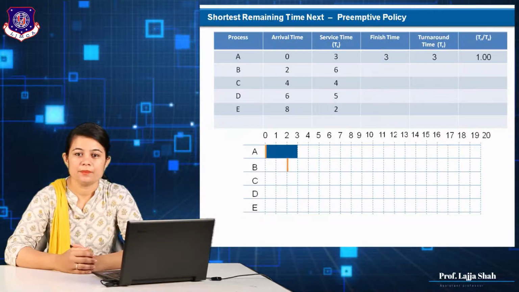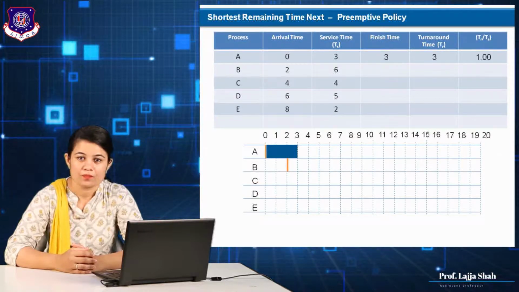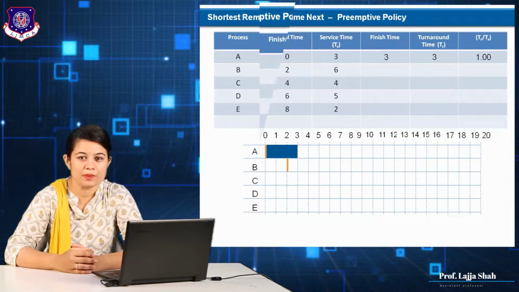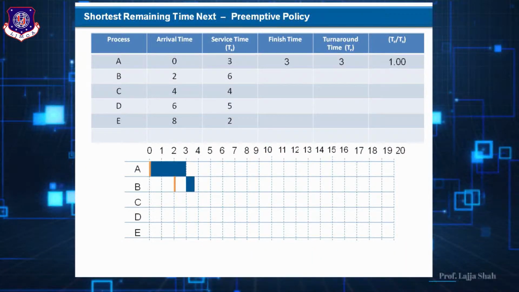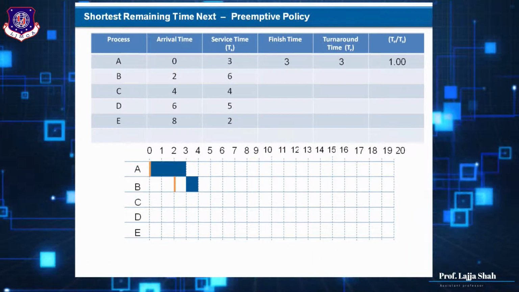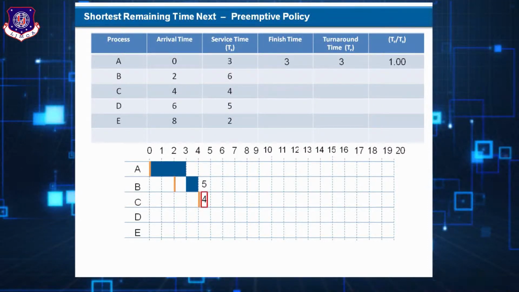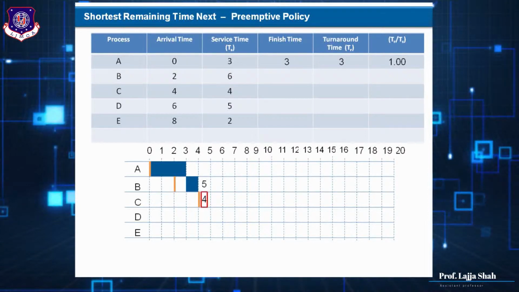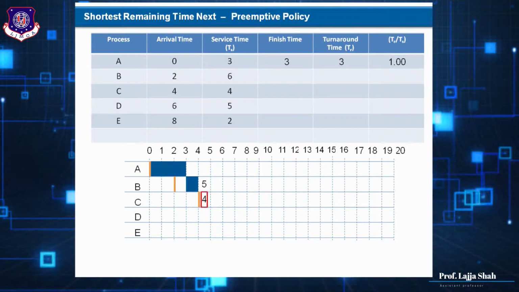Now the current time is 3 seconds. At this time there is again only one process, process B. So process B will be executed for 1 second. At the 4th second, process C arrives in the system.